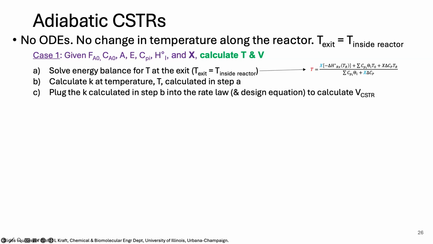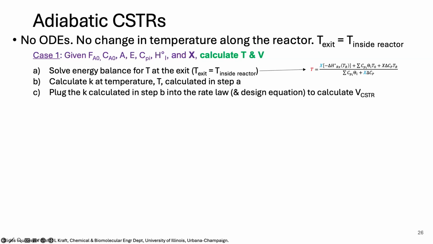In fact, the temperature of our exit stream, much like the contents of our exit stream, are equal to the temperature and the contents inside the reactor. Again, CSTRs operate at the exit condition. So how we approach the adiabatic design problem for CSTRs depends on what information we know versus don't know.